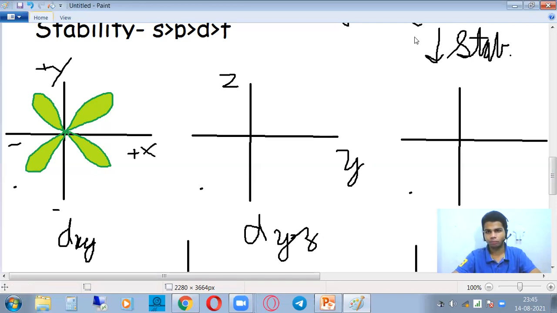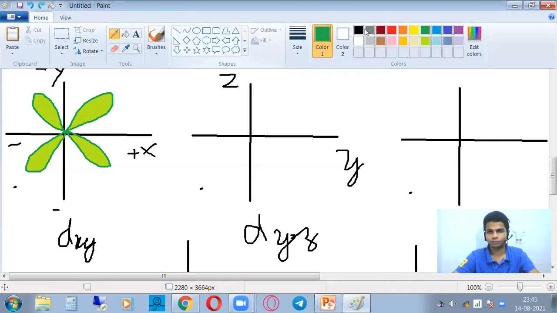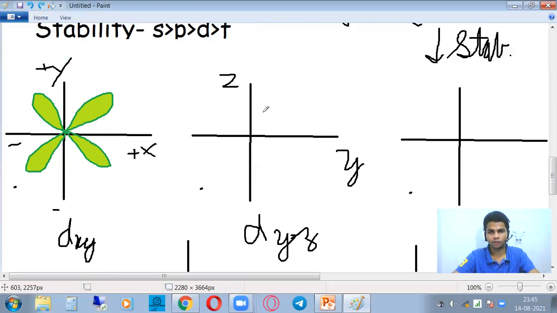When I draw, it will be similar to dxy, in dark color. Here it will be between the axes, not on the axes.